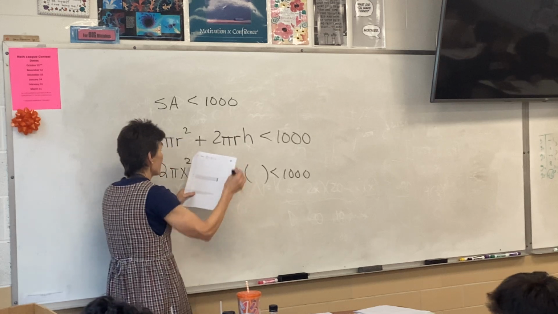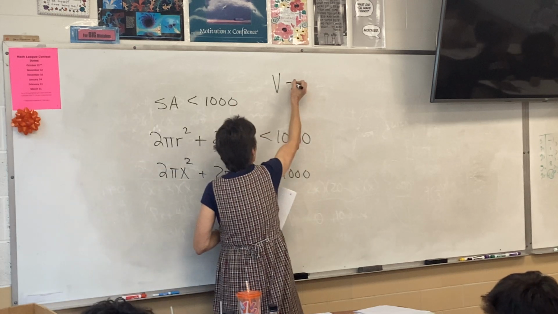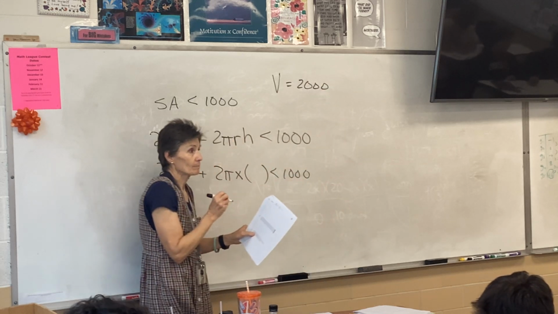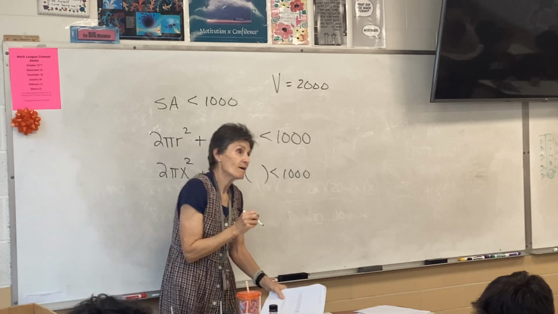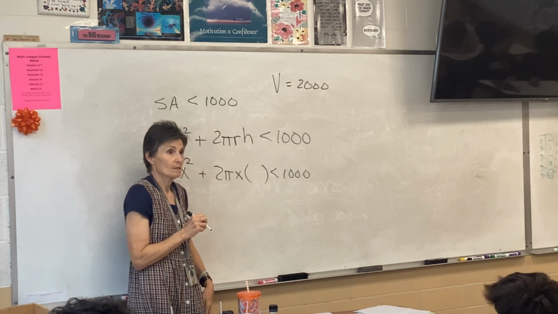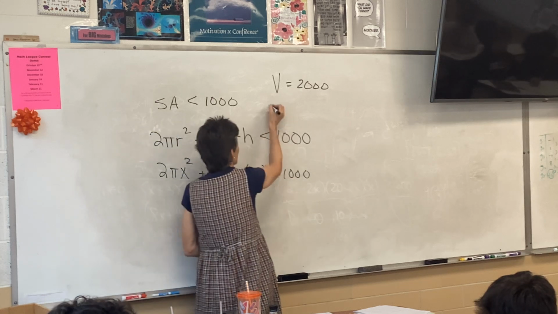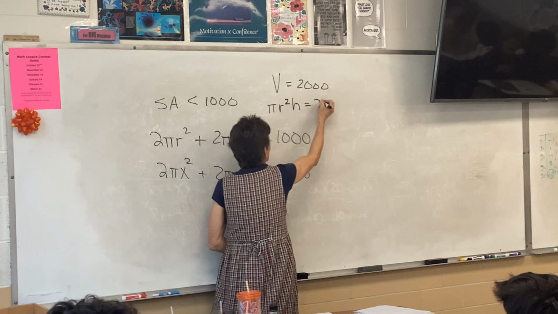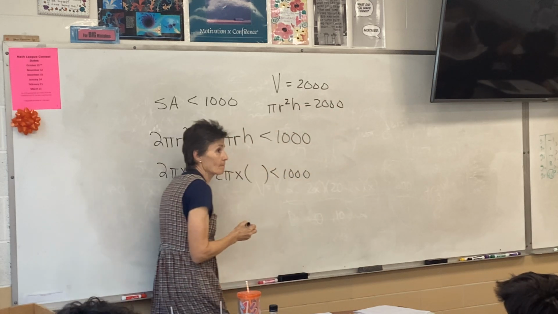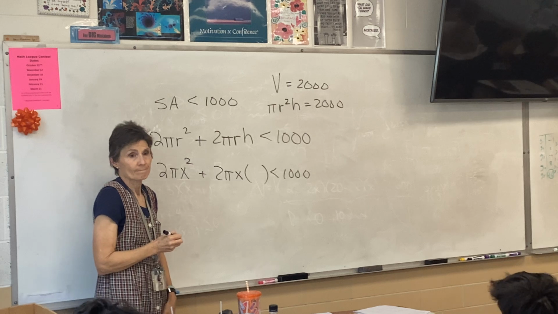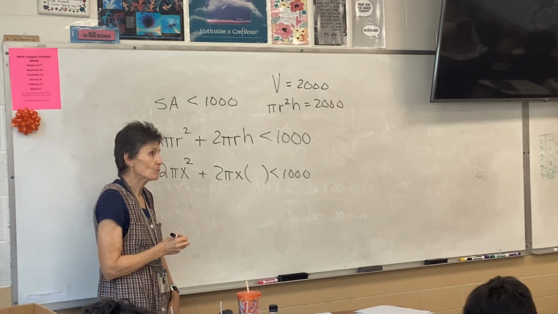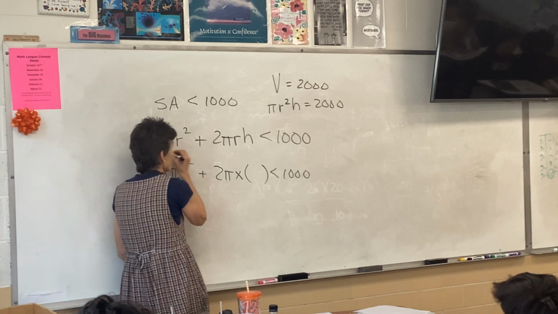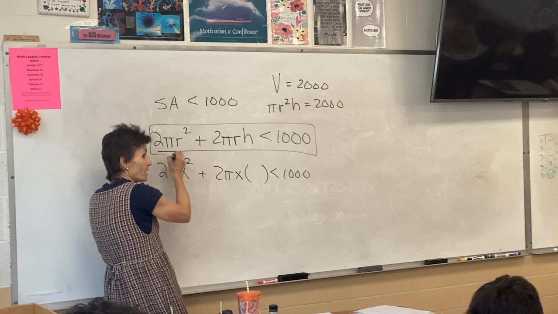Right? Okay, so let's look at the problem. The problem says that the volume is 2,000. Well, how do you find the volume of a cylinder? The volume of a cylinder is pi r squared h. Now kids, even if I give you the formulas, you still have to know what to do with it, right? So this is the equation that we are going to graph on our calculator.